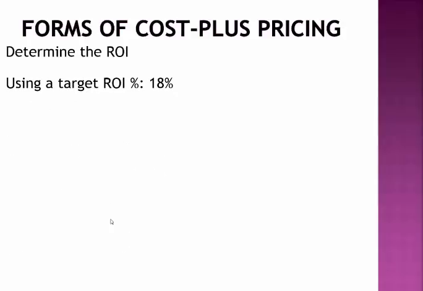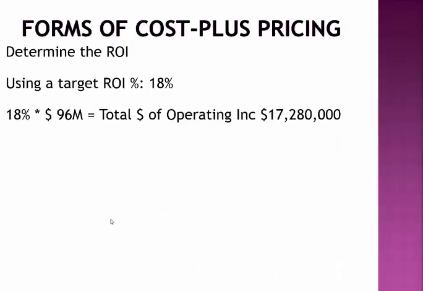Using the example in the textbook for the 15th edition, our particular company has a target ROI of 18%, and they have $96 million in their defined invested capital. Based on that, they want to generate operating income of $17,280,000.